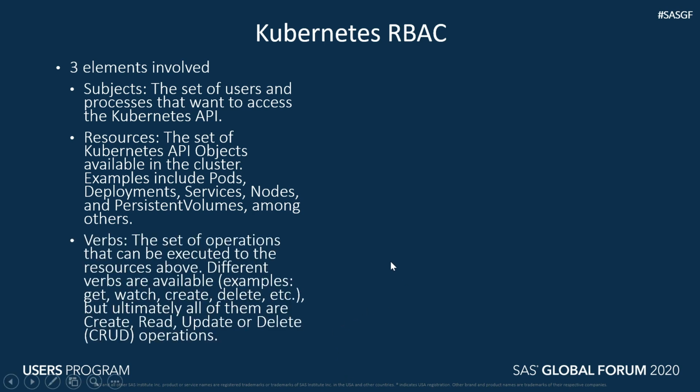And then verbs, the set of operations that can be executed on the resources above. If we think about what a human user might do to a particular object in Kubernetes, the kinds of things we'd run from the kubectl command line, we're talking about things like get, watch, create, delete, etc. Ultimately, all of them are CRUD, create, read, update, or delete kinds of operations.